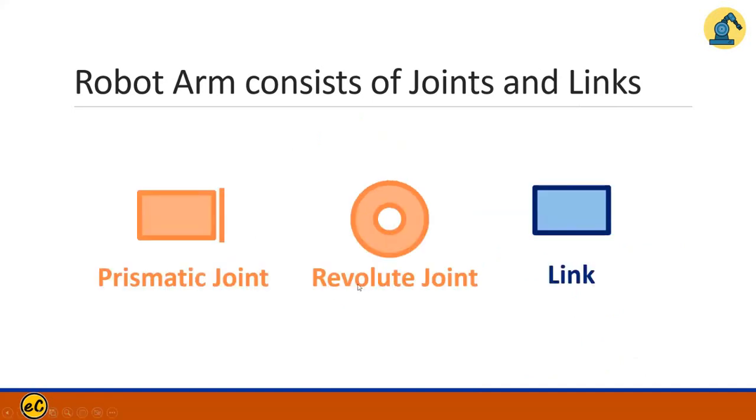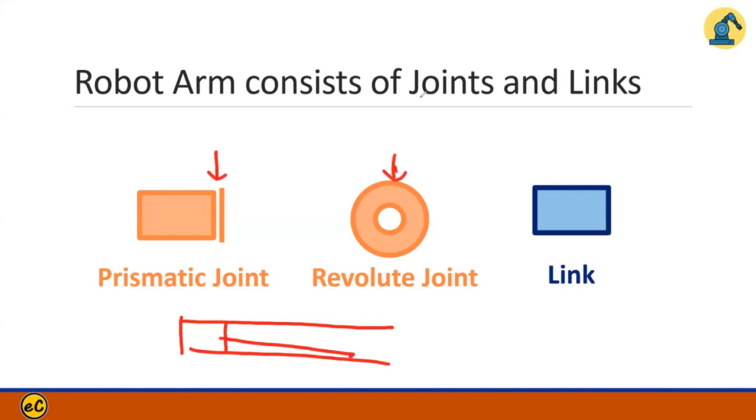So you have revolute joints, and also prismatic joints. Prismatic joint means you can do extension. In the lecture I show you many more types of joints, not only these two. But in this course, we primarily work on the revolute joint and prismatic joint.